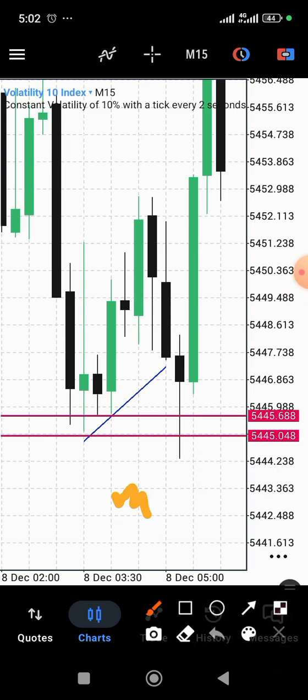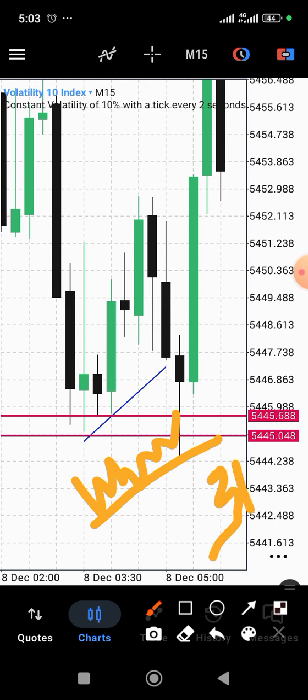Let's say like this. They are very closely packed, and there are many relatively equal highs closely packed, many relatively equal lows closely packed. Probably then it might be considered, right? But what I mainly look out for is higher lows that are closely packed and lower highs that are closely packed.